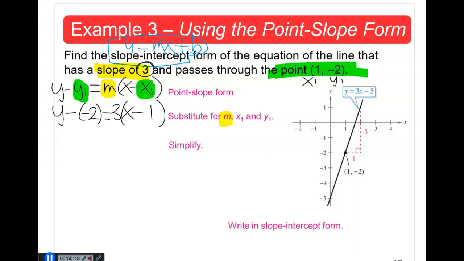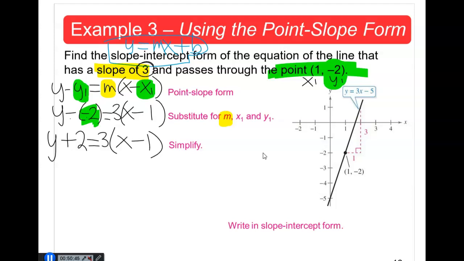So remember, the negative here came from the value of y sub 1, which was negative. So we're going to simplify this, and we will get a double negative here, so that will be y plus 2 equals 3, parentheses, x minus 1.